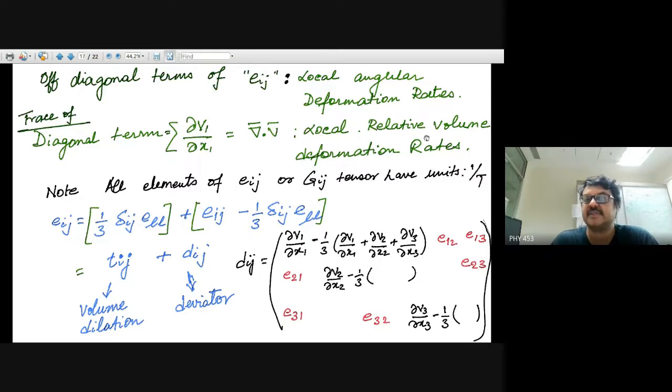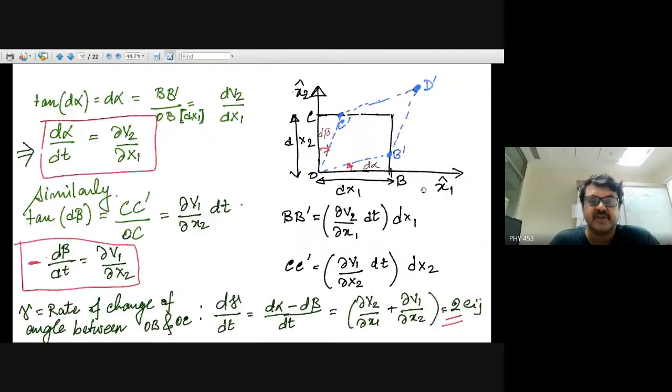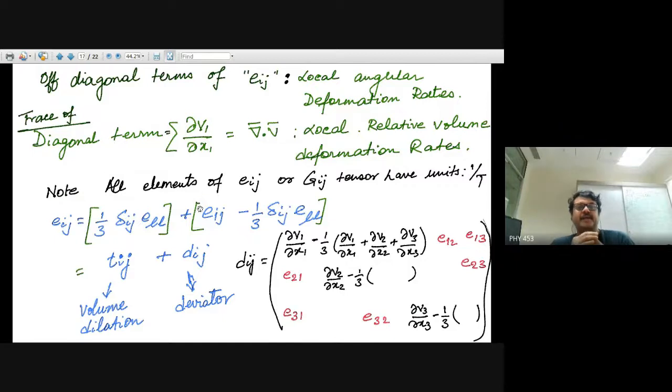Divergence of v was giving the local relative volume deformation rates. Here it is giving angular deformation rates. And just what I said before, all elements of Eij or Gij have units 1 by tau, and you can figure that out because V has dimensions of L, this has dimensions of L, and what remains is 1 by tau, right?